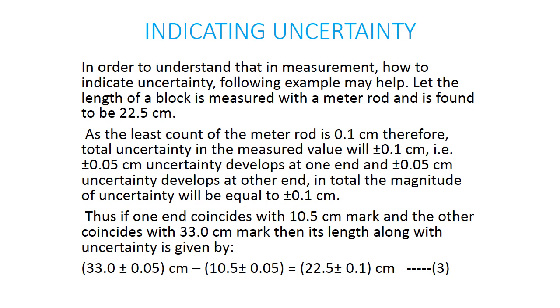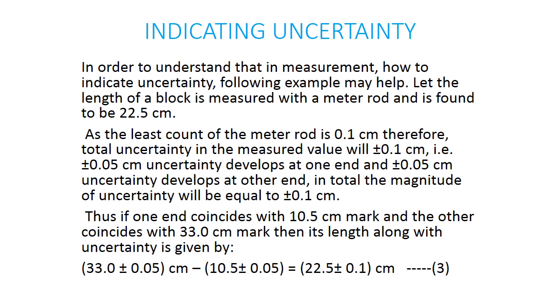That is, plus minus 0.05 centimeter uncertainty develops at one end and plus minus 0.05 centimeter uncertainty develops at the other end. In total, the magnitude of uncertainty will be equal to plus minus 0.1 centimeter.